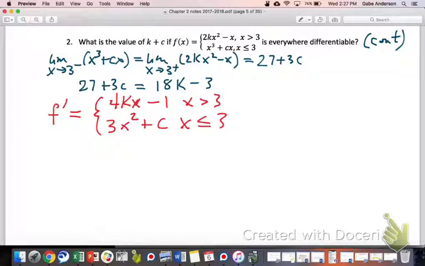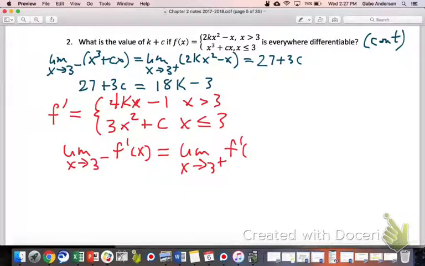So one of the ways you could work with this one would be to say this. The limit as x approaches 3 from the left of f prime has to equal the limit as x approaches 3 from the right of f prime. That make sense? We want the derivative from the left and the derivative from the right to be the same.